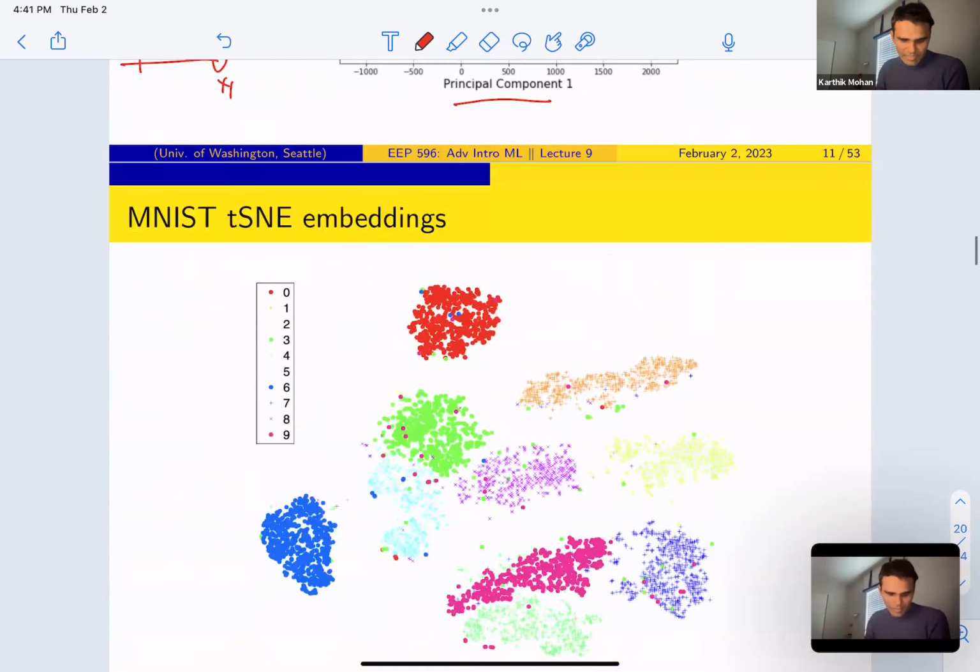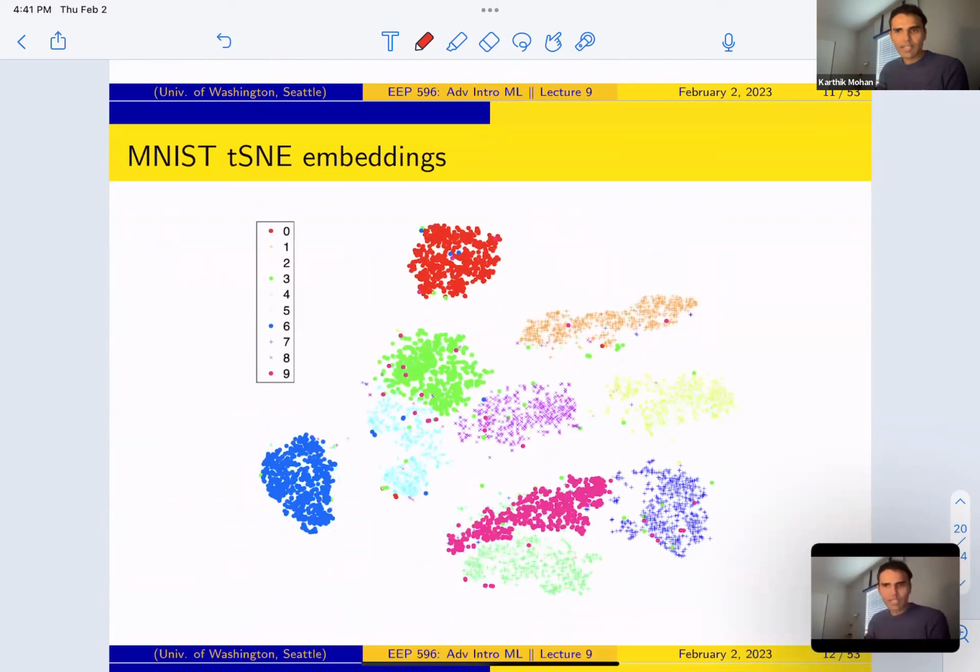But if you did t-SNE, you see now that the digits actually separate out in two dimensions. Even if I had no idea of what the blue points are or what the green points are, right? Here the blue points represent 6, and the green points represent 3. Let's say I didn't even know this.